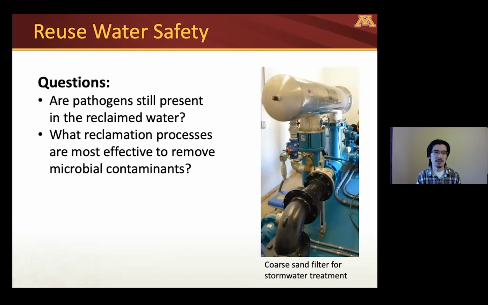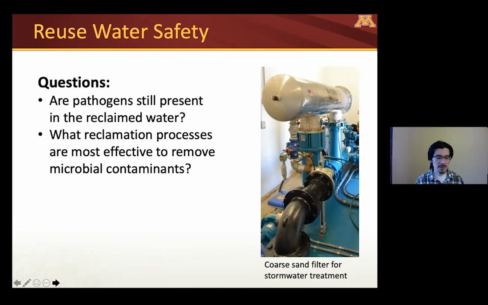One of the major concerns about the water reuse is about the safety issues. The questions often asked is, are there any pathogens present in the reclaimed water? And what kind of reclamation processes are most effective to remove microbial contaminants.